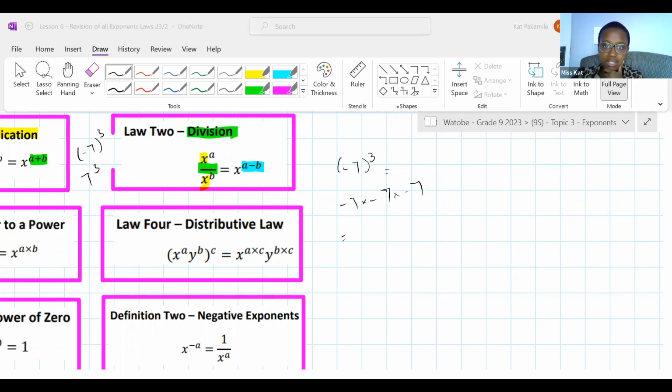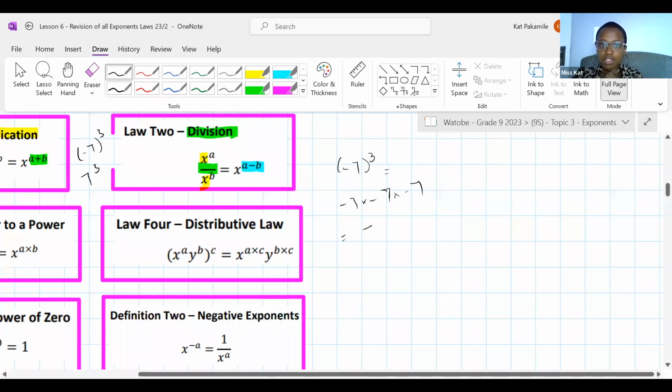And then the third negative, what will that end up with? A negative. 7 times 7 is 49, times 7 is 343. That would be negative 343 for negative 7 cubed.